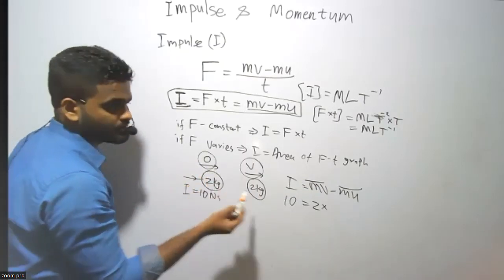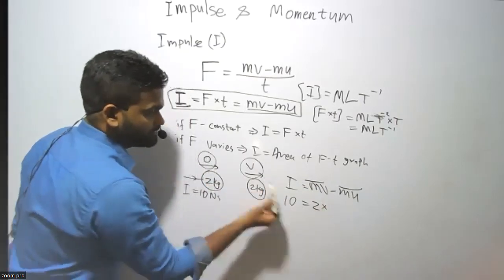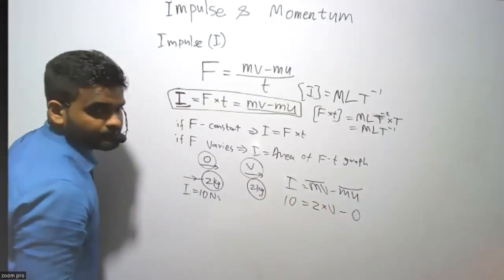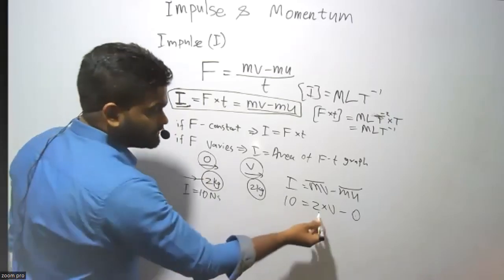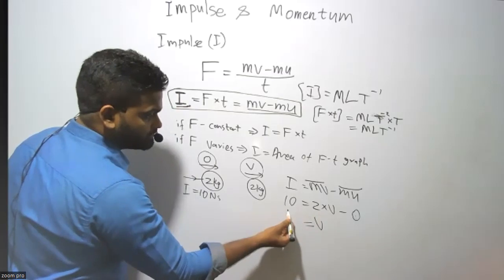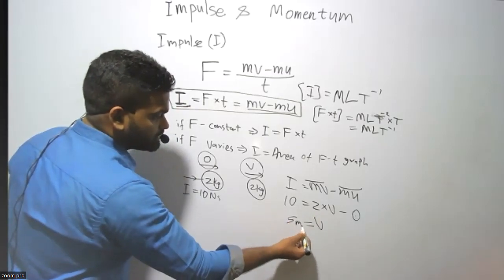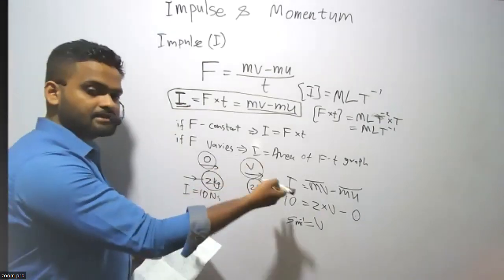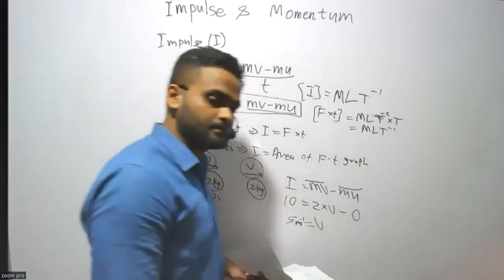Initial velocity is 0, right? So the final velocity is just v, and you get 0 here. Then 2v equals 10. Just divide by 2, and this becomes 5 meters per second. So it gains a velocity of 5 meters per second.